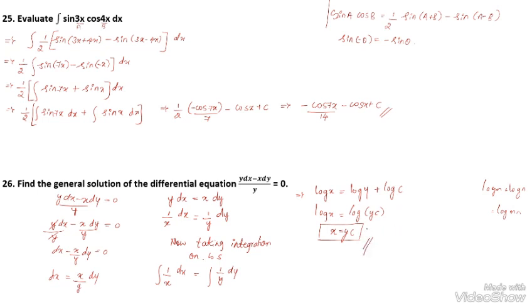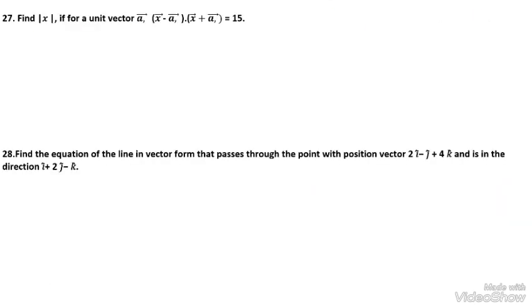Next, move on to the next problem. Question number 27. Find the magnitude of vector x if for a unit vector a, (vector x minus vector a) dot (vector x plus vector a) is equal to 15. Now, I consider vector x minus vector a and vector x plus vector a. I can take the dot product as a multiplication, equal to 15.